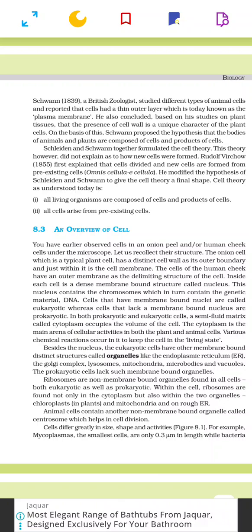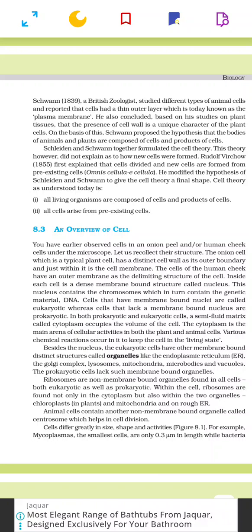Various chemical reactions occur in it to keep the cells in the living state. Besides the nucleus, the eukaryotic cells have other membrane-bound distinct structures called organelles, like the endoplasmic reticulum, which is known as ER, the Golgi complex, lysosomes, mitochondria, microbodies, and vacuoles. The prokaryotic cell lacks such membrane-bound organelles.